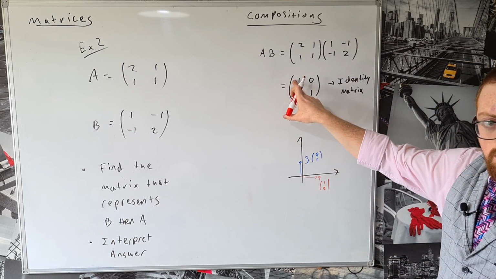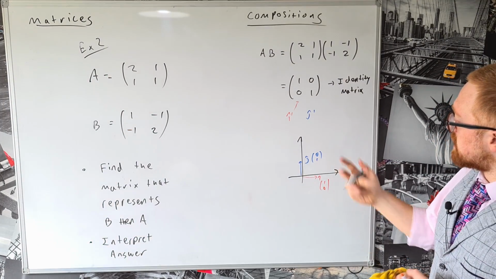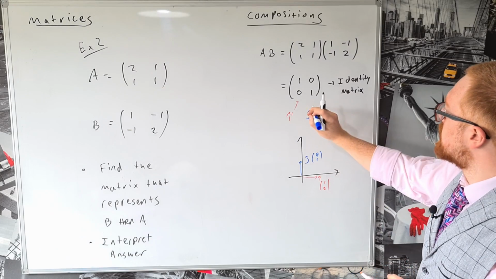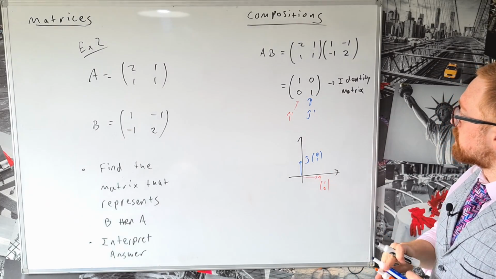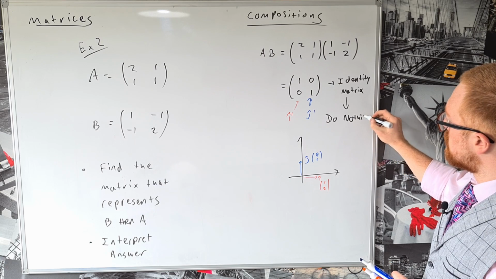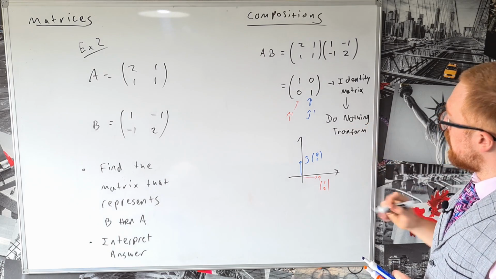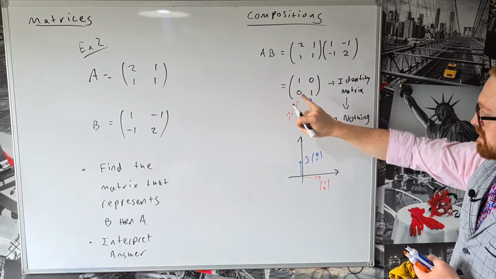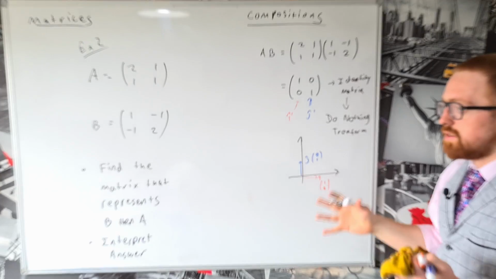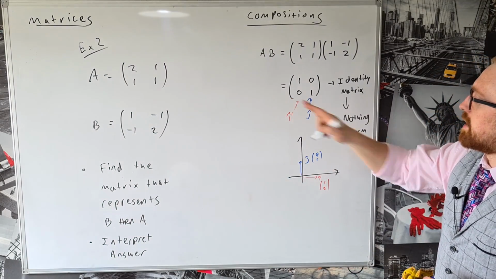But i hat ends up at 1, 0, and j hat ends up at 0, 1. This is quite nice because we can think of this identity matrix as the do nothing transformation. And that's a perfectly valid transformation. I'm going to run out of space. But doing nothing to something is a perfectly valid transformation. It doesn't move it at all, doesn't change the shape.